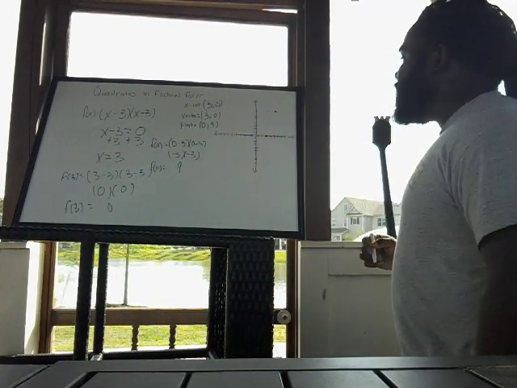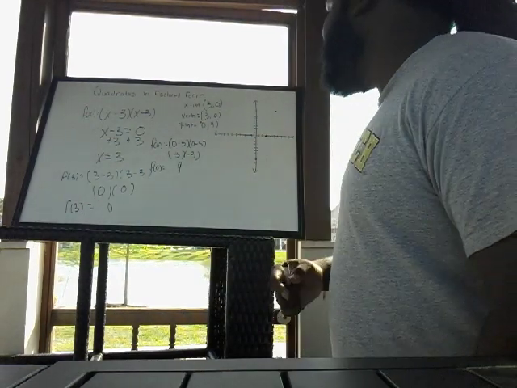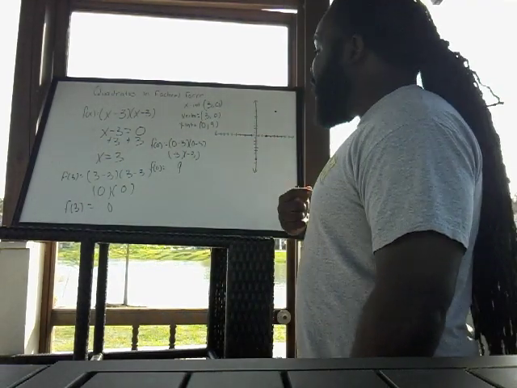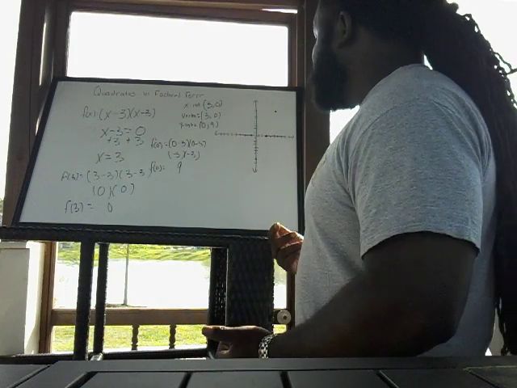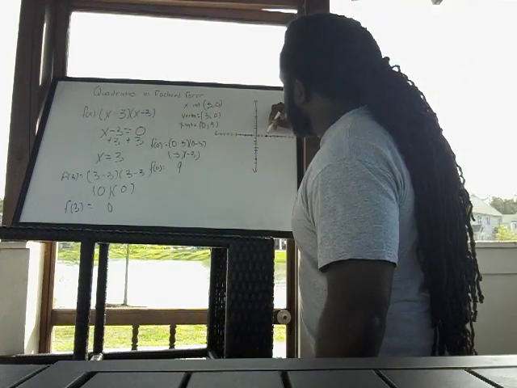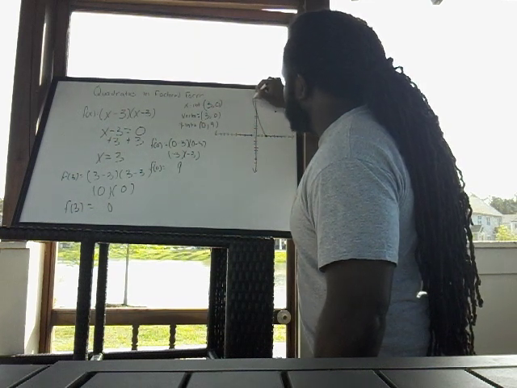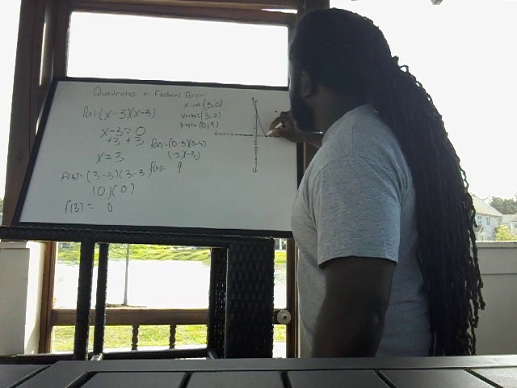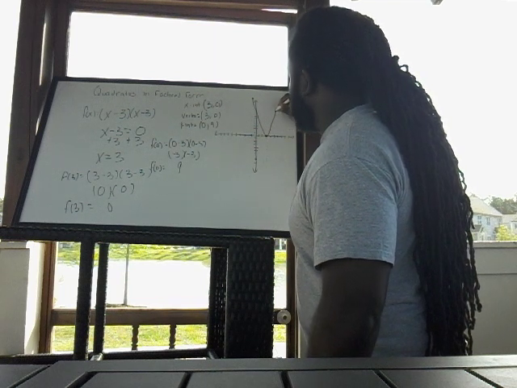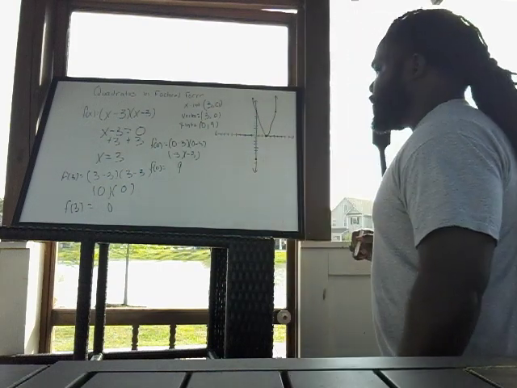And I have another point 3 units away on the opposite side of my axis of symmetry. Now I have 3 points. I can draw my parabola. I can draw it through my vertex, through my y-intercept, and then on this side through my vertex and through my third point.